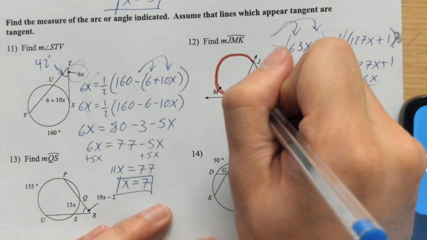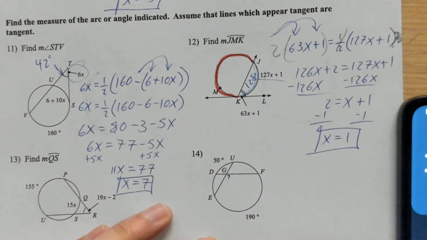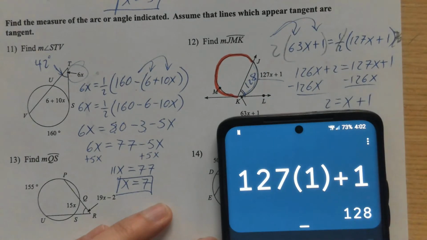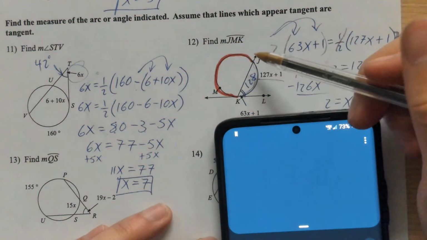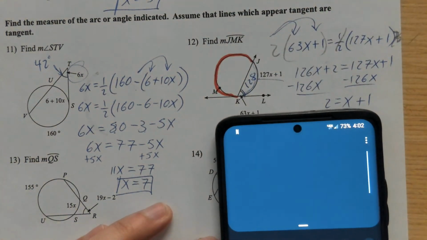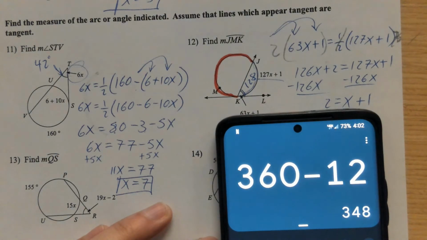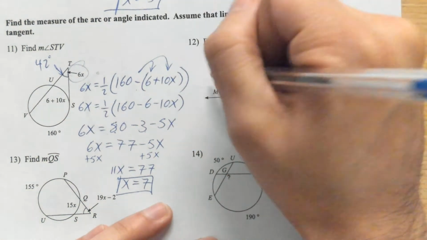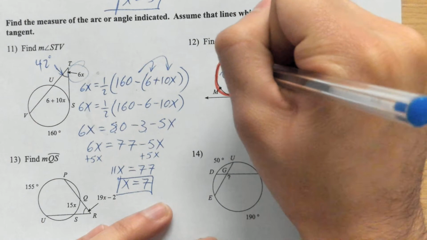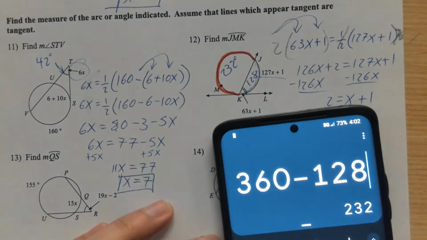This arc is 128. Well, if that arc is 128 and we need 360 to go all the way around, well, the remaining of the circle has to be whatever we need to get to 360. So that's just 360 minus 128, which is 232. So this arc over here is going to be 232 degrees. And it must make sense.